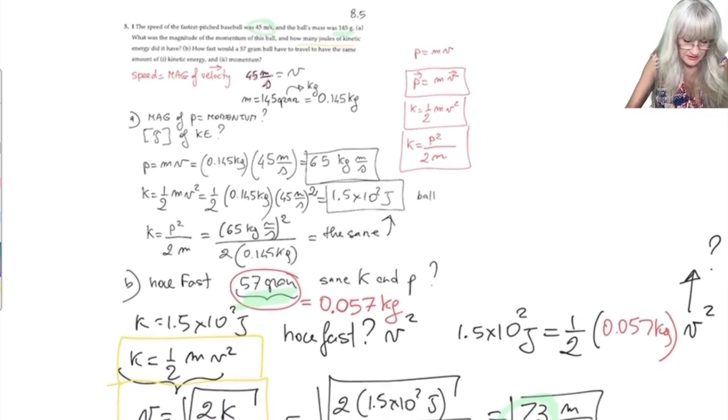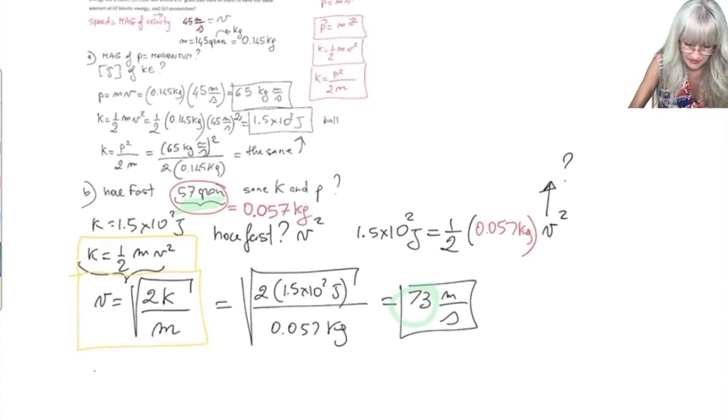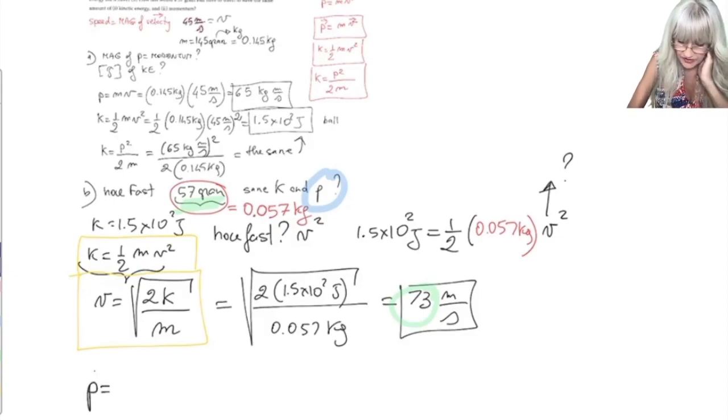All right, now we have to reason on the momentum P right there. So same as we did before. The momentum has to be fixed to the value of 65 kilogram meters per second.